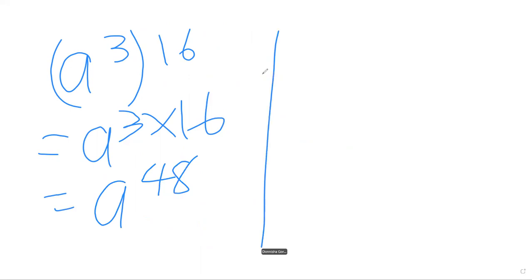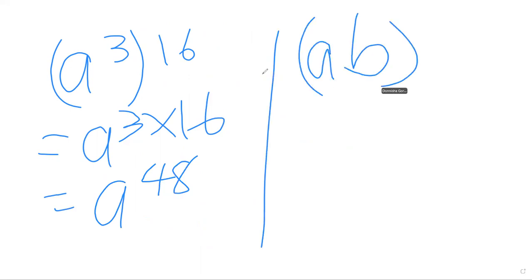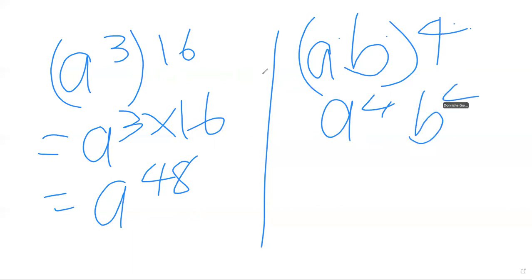Our next question says ab is being raised to the power of 4. We would have already established that this means a is being raised to the power of 4 and b is also being raised to the power of 4. You can simply write that down as the answer. You'll get all your marks. But you can also think about the fact that a is raised to the power of 1, b is raised to the power of 1, and so you can multiply the powers.